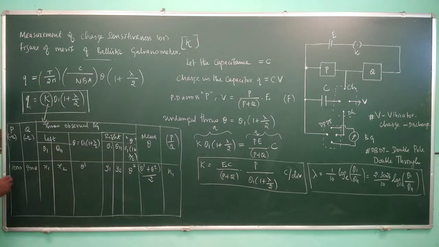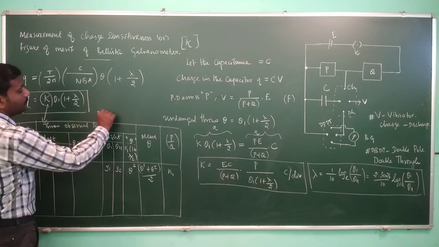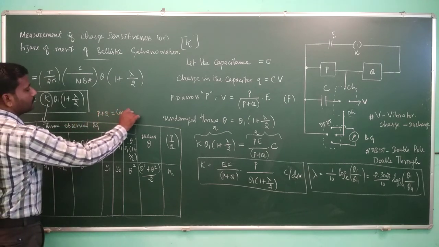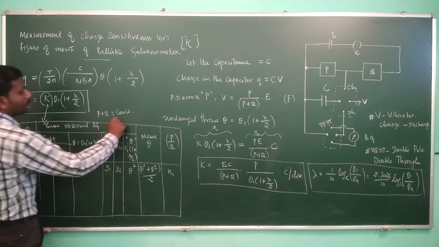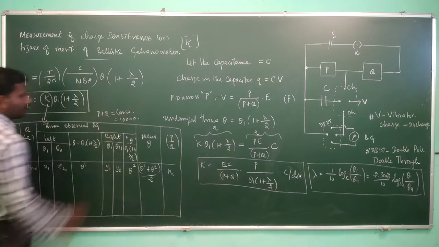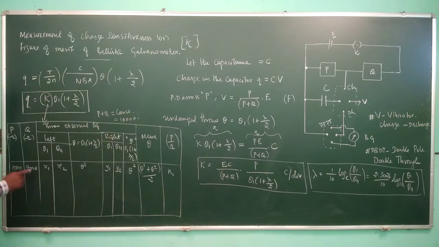Now we have to increase the value of P to 2000. But what we have to maintain? We have to maintain P plus Q equal to a constant. It should be 10,000. So if P becomes 2000, Q will be 8000. Now do these calculations.